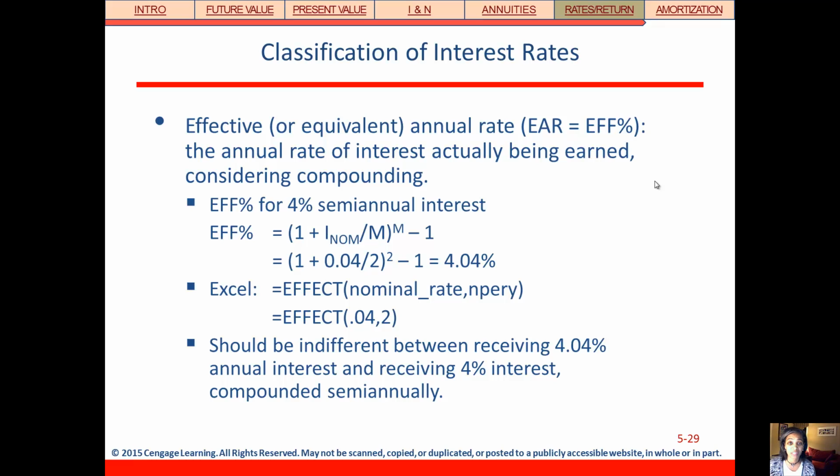Remember in this example we have semi-annual interest, so that's 2 compounding periods per year. So I'm going to hit 2 and enter. Now I'm ready to compute the effective annual rate, or the EAR. So I'm going to hit the up arrow to go back to EFF, or I can just keep hitting down till I get back to EFF. But once I have EFF in my window, I'll hit compute. And if you did it right, you'll have 4.04%.